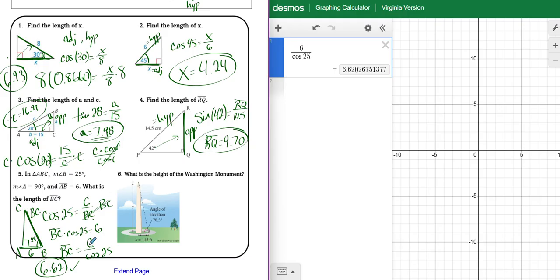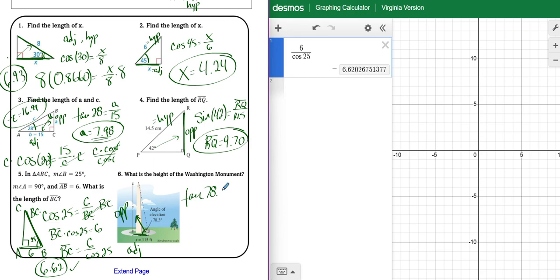All right, now we're looking for the height of the Washington Monument. We're looking for this Y when we're given this bottom side and the angle of elevation. That's the angle from the ground straight up to the peak of the Washington Monument. So we want to find the opposite side. We're given the adjacent side. Which trig function relates the opposite and the adjacent?